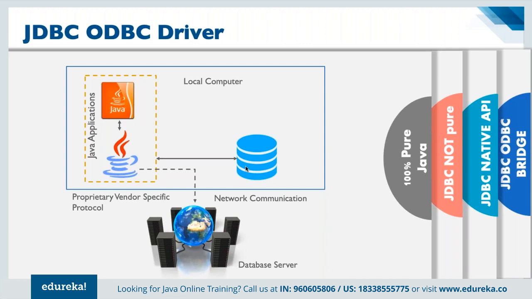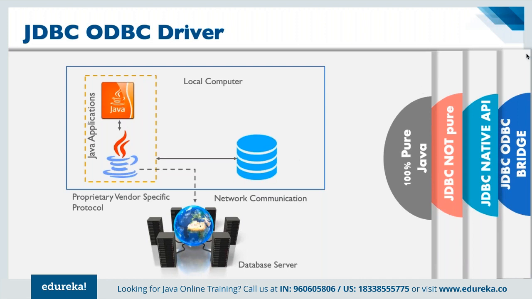Suppose this is our own local application in which we are trying to store the data, then we can use this 100% pure Java, where we are not dependent upon any external APIs and we have our own connection. That means the same XAMPP server that we have currently created, where we can create our own database, and if we are creating our own Java application on top of it, we can connect that Java application with our local storage or local databases as a part of 100% pure Java.